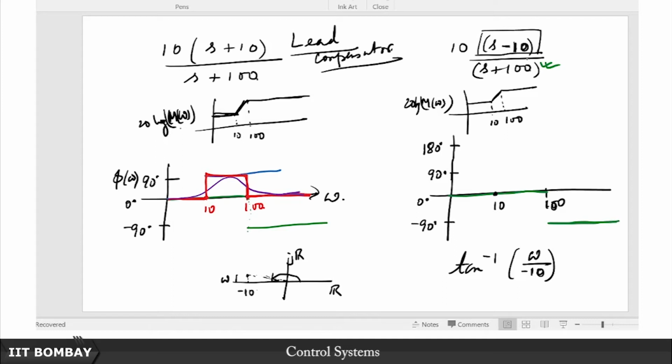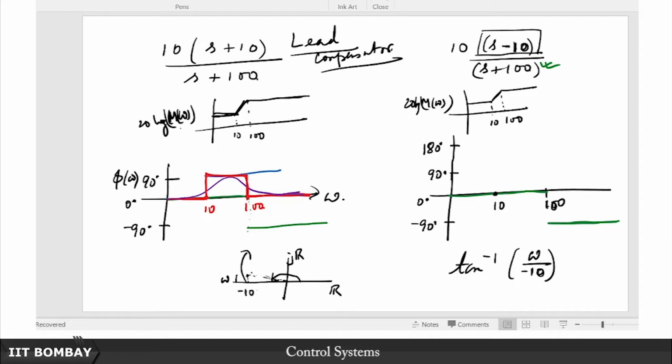But what about this 0? As s tends to infinity, as omega tends to infinity, where does this go? That is a very crucially important bit here. It starts at this point, at 180 degrees, and then this is causing a clockwise rotation.